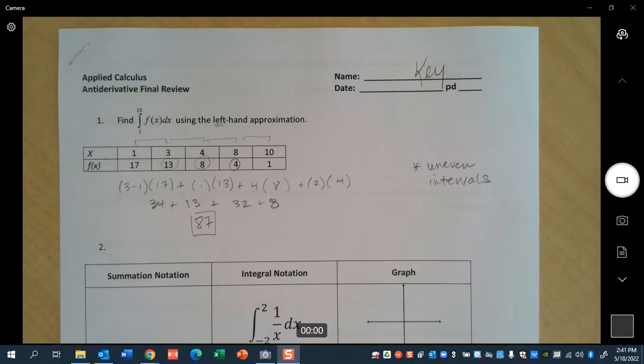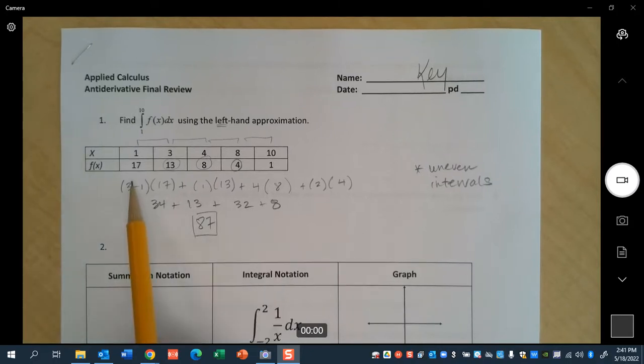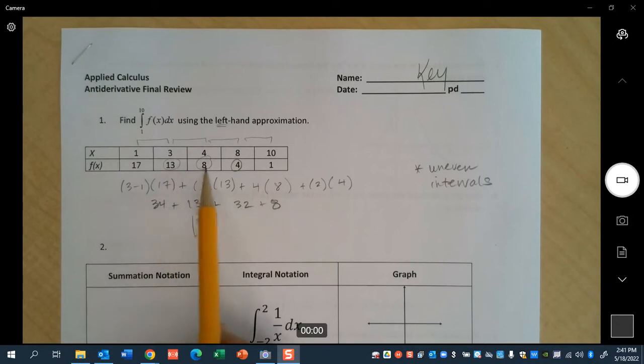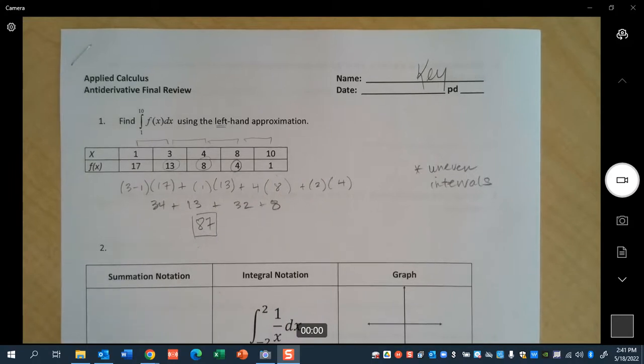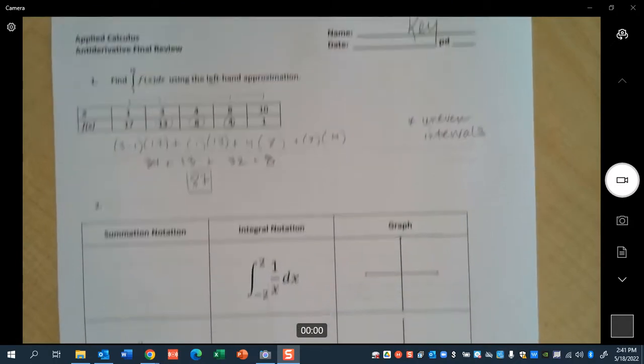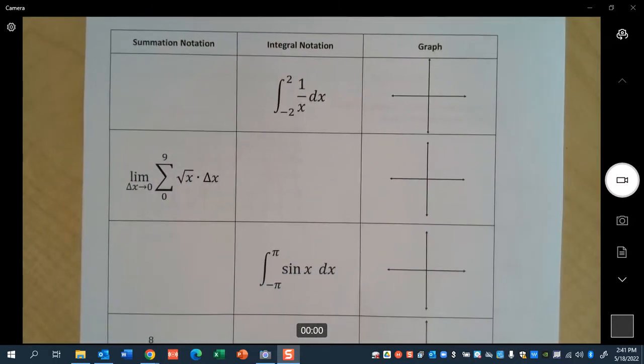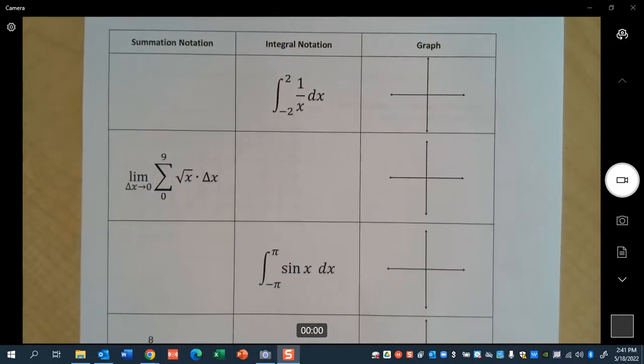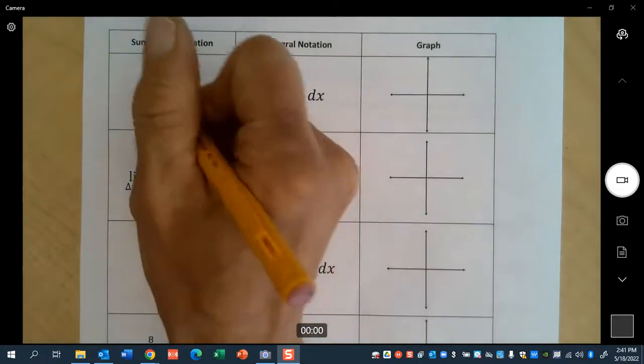If it had been right hand, we would have used 13, 8, 4, and 1. If it had been midpoint, we couldn't have done it because we don't know any of the midpoints. So you can only do midpoints with even intervals.